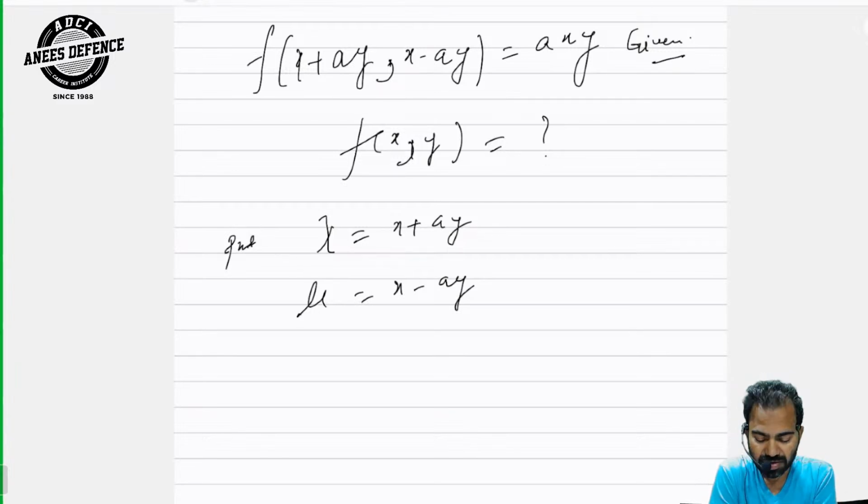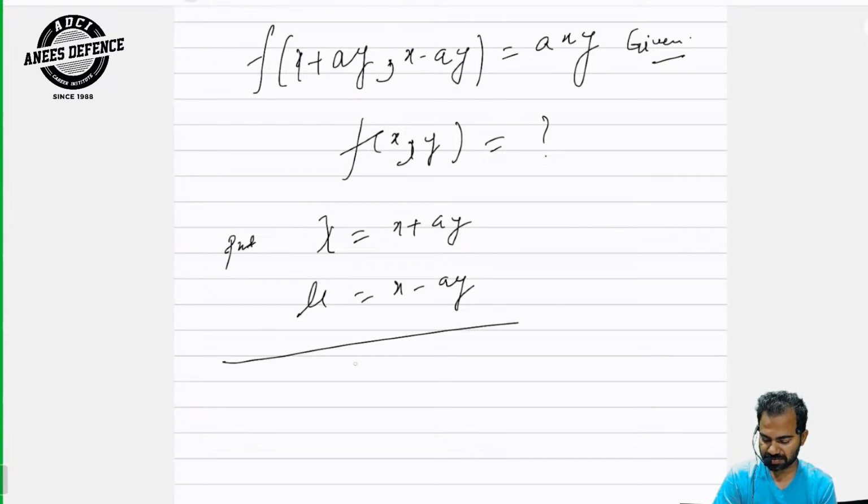Now from here I will find x and y by solving the simultaneous equations. So let's add these two things. It will be lambda plus mu equal 2 times x. Ay will cancel.